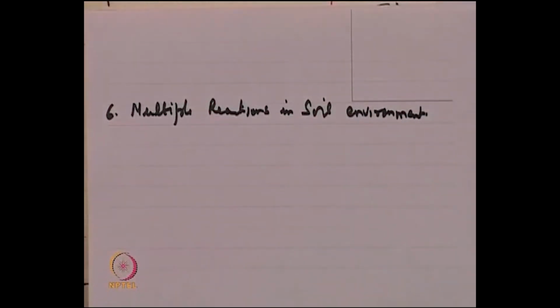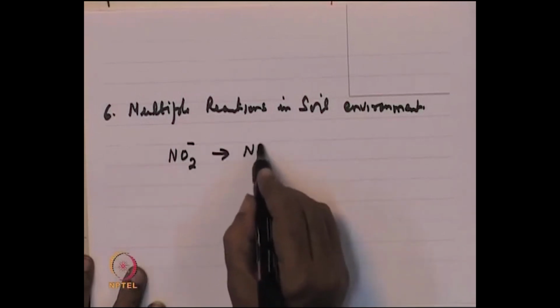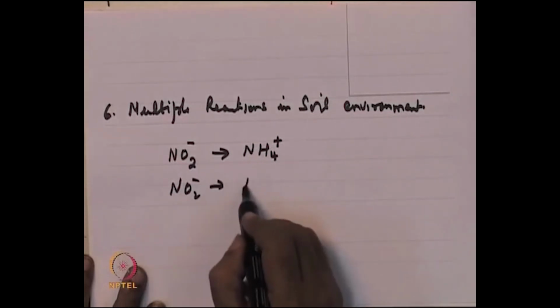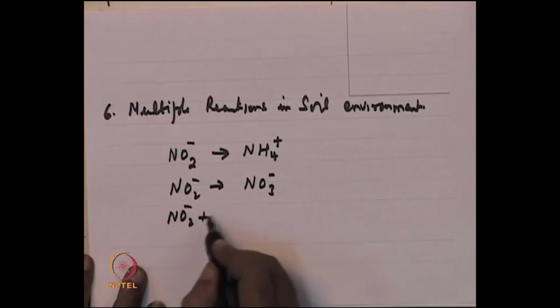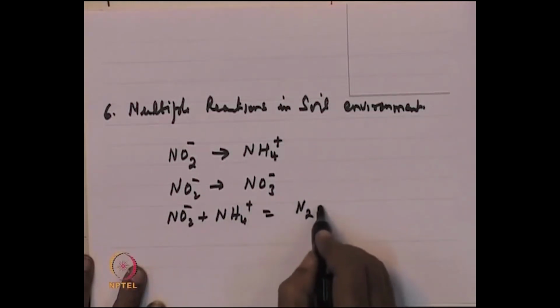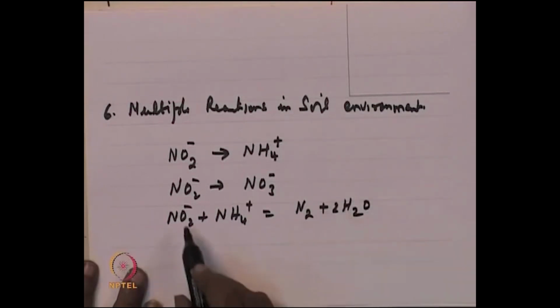Just to give you a small example, to put this in context. Suppose you have a reaction, let us say NO2 minus giving you NO3 minus. Then NO2 minus reacting with NH4 plus gives you N2 plus H2O. Reactions 1, 2, 3.